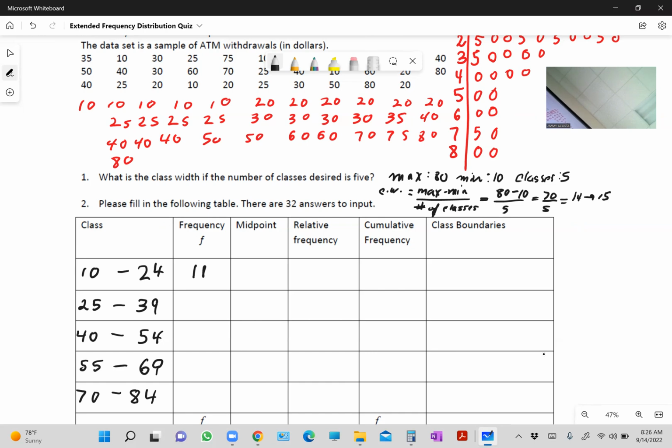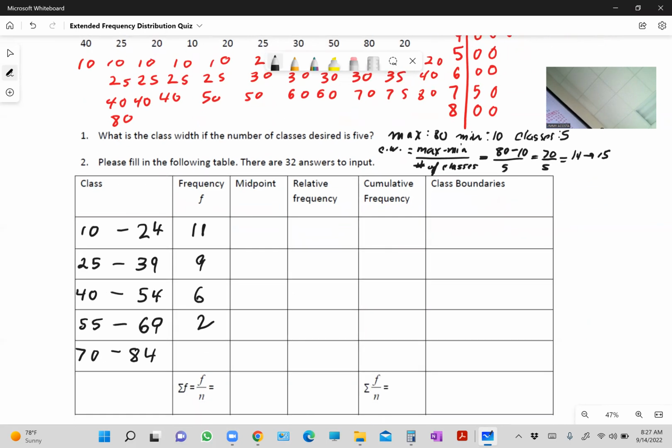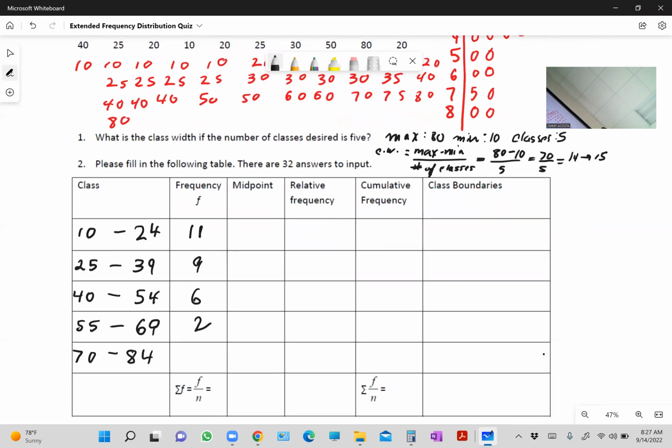All right, 25 to 39. 1, 2, 3, 4, 5, 6, 7, 8, 9. 40 to 54. 1, 2, 3, 4, 5, 6. 55 to 69. 1, 2. 70 to 84. 1, 2, 3, 4.